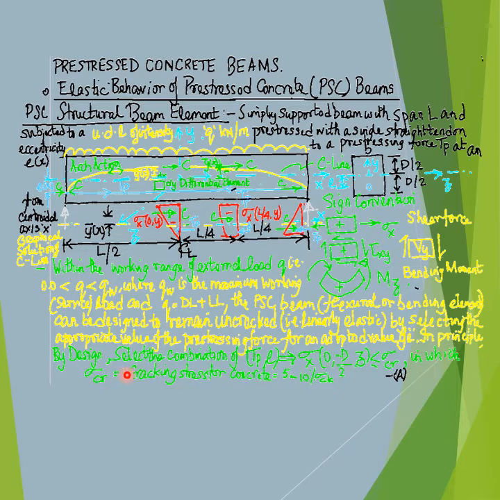In case the necessary and sufficient condition or the limiting condition represented by equation A or relationship A is satisfied by the design by selecting the appropriate combination of the pre-stressing force Tp in the pre-stressing cable or the tendon and the eccentricity E of the pre-stressing tendon or the cable that is constant due to the straight tendon or cable profile.